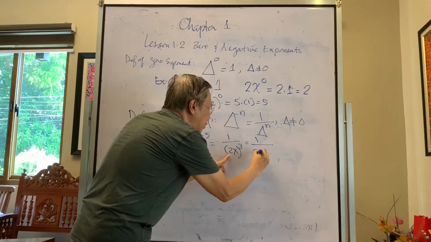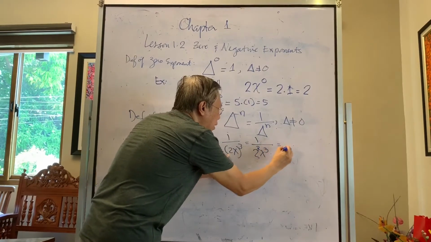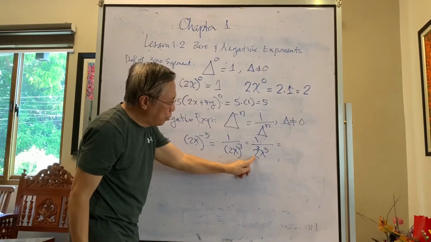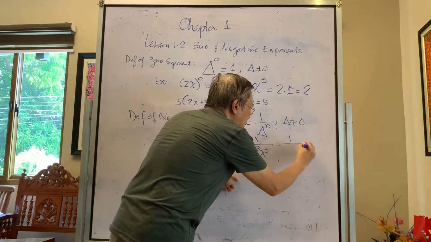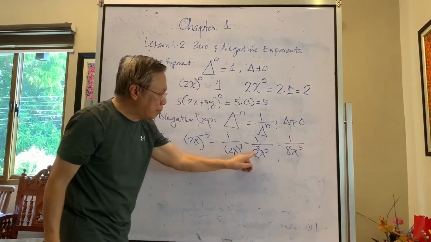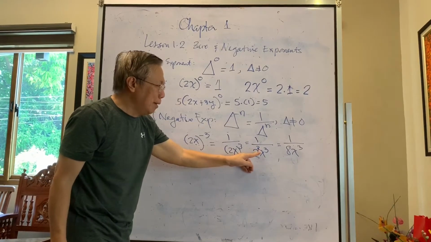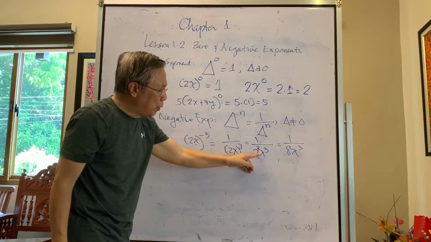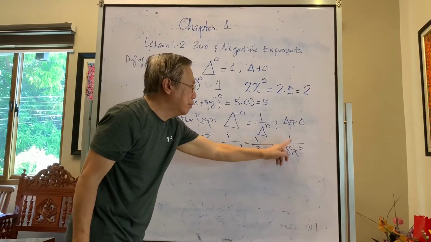So we have here 2 cube x cube. You have an option to have 2 cube as 2 times 2 times 2 and write your answer as 8x cubed. However, if the exponent of this numerical coefficient here is more than 10, it will not be advisable to have it in this form. Let's say 2 to the 10 will just retain as 2 to the 10.